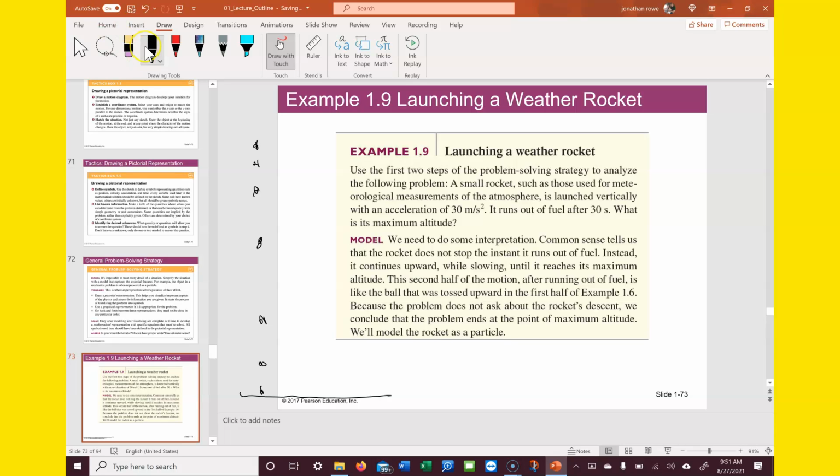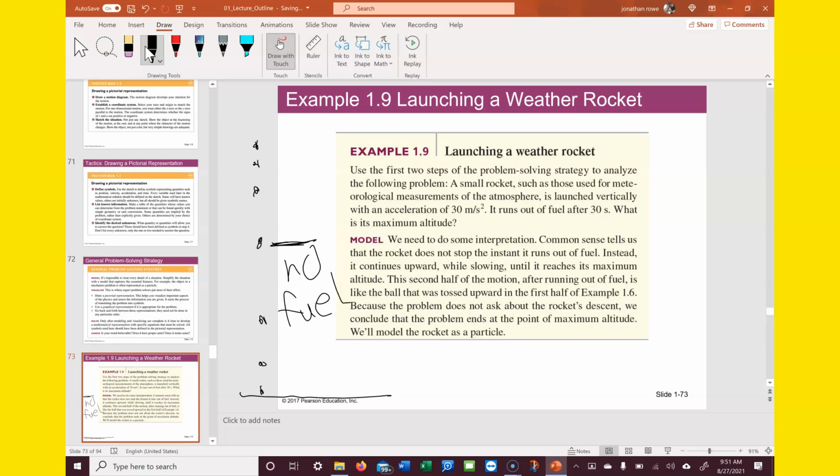Maybe I want to make a note right here and say right here is when the fuel ran out. I can't write with my finger very well. So at that point there's no fuel. That is one way we could do that first and second step.